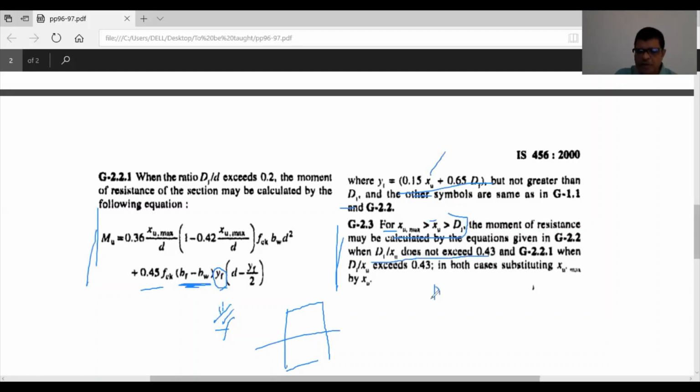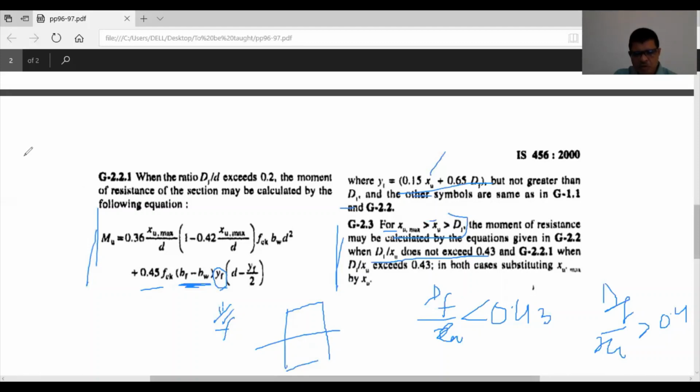So now here come two cases: Df by xu is less than 0.43, does not exceed 0.43, and the other is Df by xu exceeds 0.43. In both cases, what will you do? In the first case, you have to use G2.2 as the previous formula, and G2.1 when it exceeds 0.43.